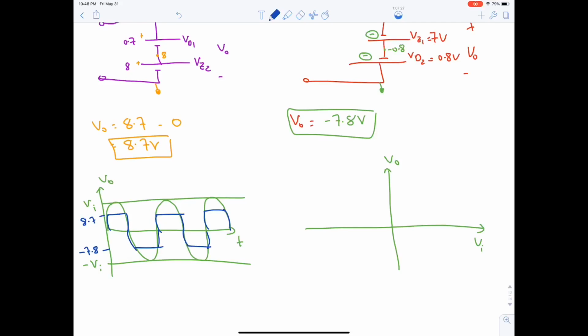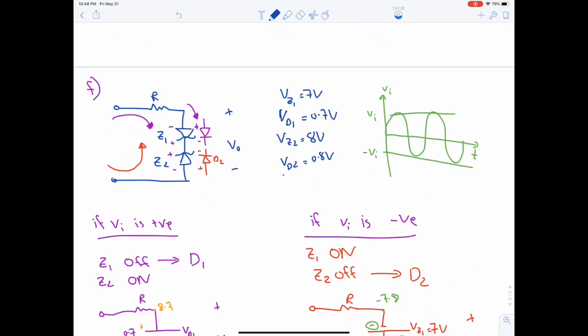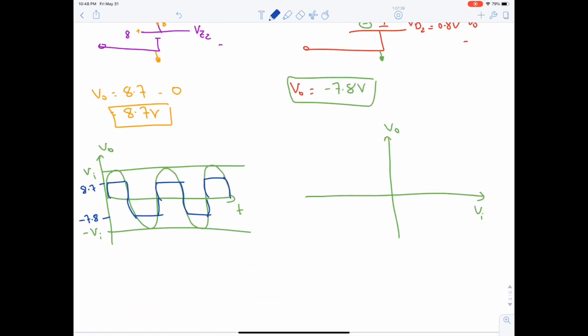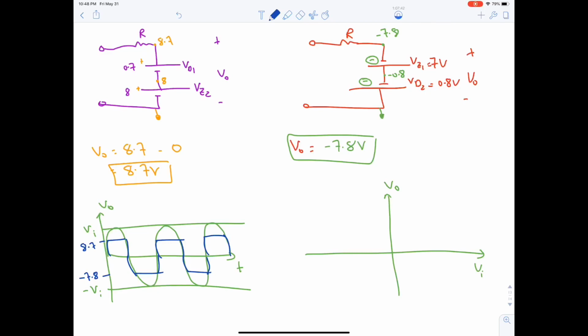Here we are assuming that Vi is greater than V output. For example, let's say Vi is 20. So here it's 20 and minus 20. Okay. For VTC, it will be 8.7, and minus 7.8. Okay. Usually in Zener, it's not a straight line, it's a curvy line. Anyhow, you can put it as a straight line for simplification. It depends on your instructor.